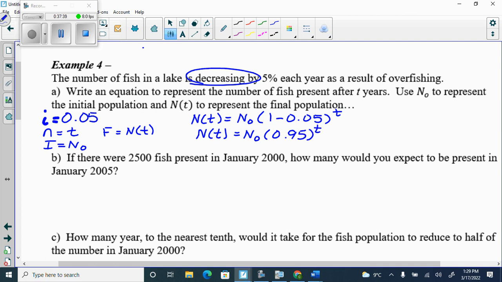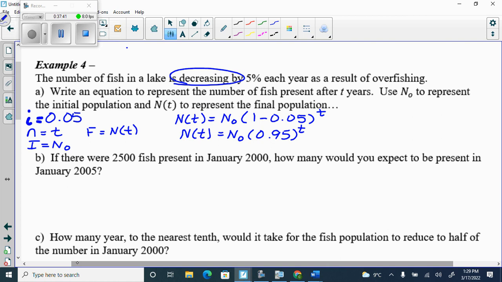So if they're looking for that one. Here it says, if there were 2,500 fish present in 2000, how many will be present in 2005? So did they give me initial or final? Is 2,500 the initial or the final? Initial, because it's in 2000. So we're going to get N of T equals 2,500, 0.95, and my T is 5.